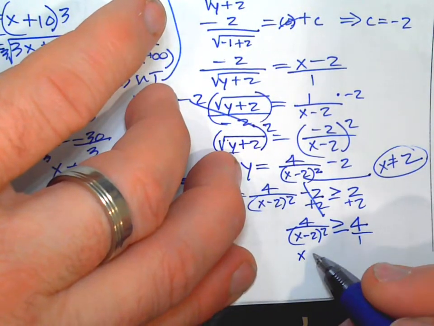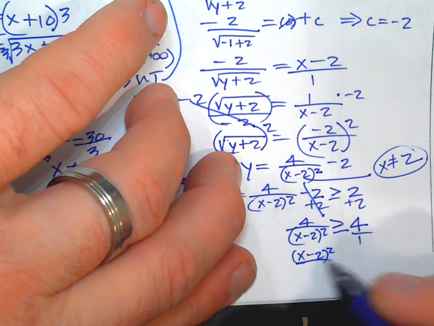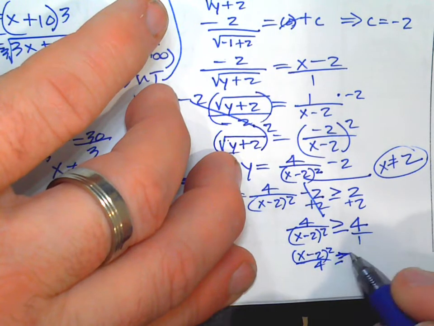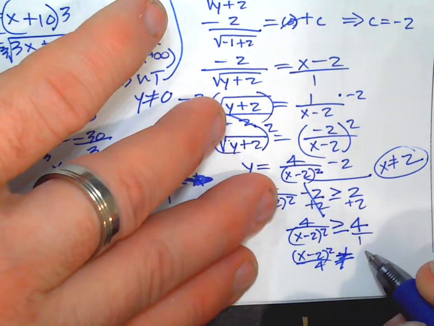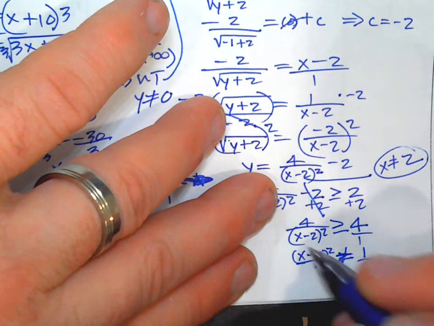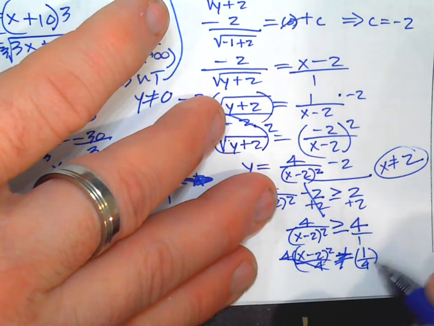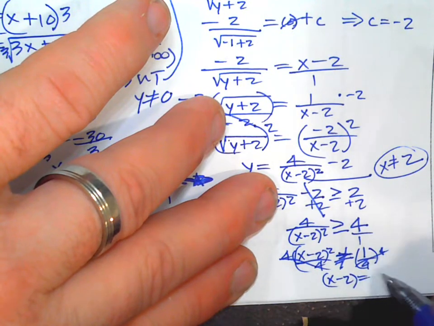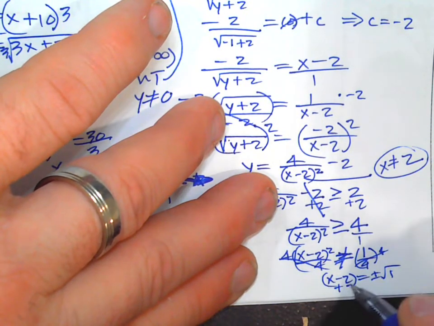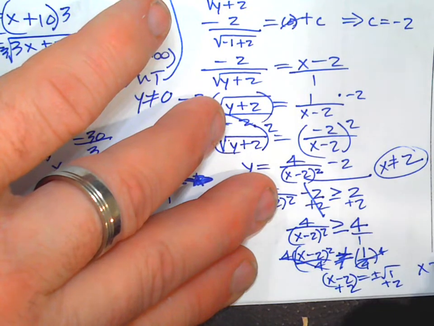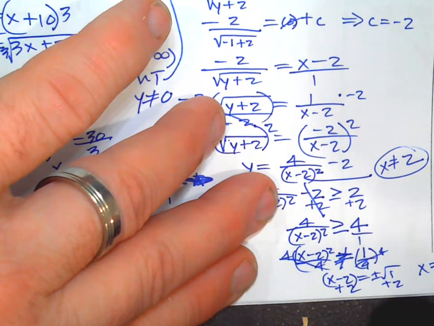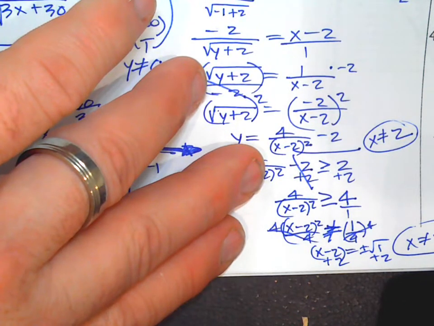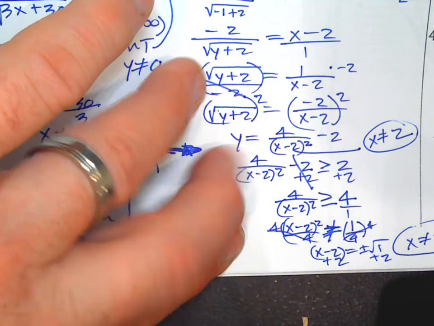Flip both sides over. And at this point, I'm just going to say not equal to, because it's got to be an open dot. Multiply both sides by 4. Take the square root of both sides. Add 2. So we get x equals 3 and x equals 1 are other values that are not allowed. Right?